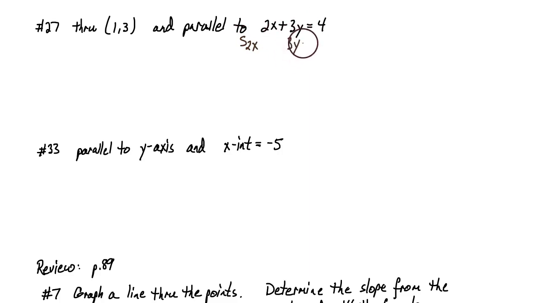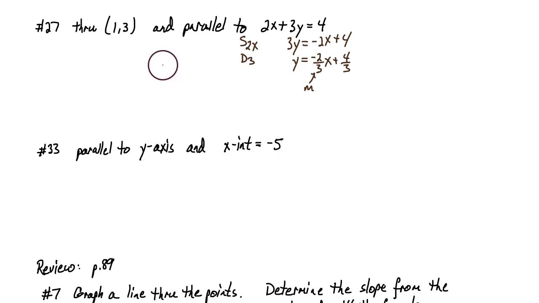We get 3y equals negative 2x plus 4. Then divide everything by 3. We get y equals negative 2/3 x plus 4/3. What is the slope of this equation? It's negative 2/3. So we know the slope of our equation that we're trying to write is negative 2/3.